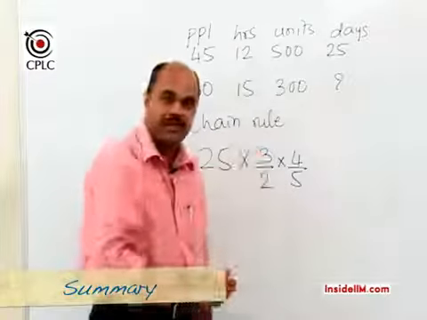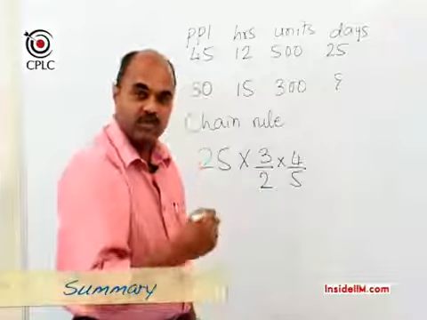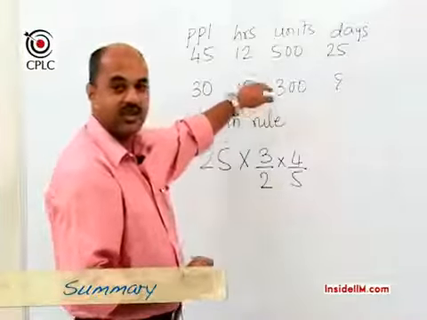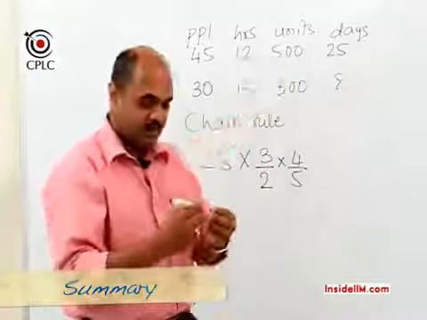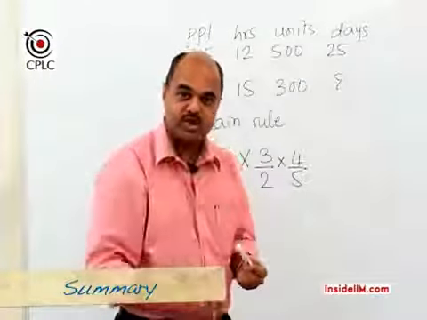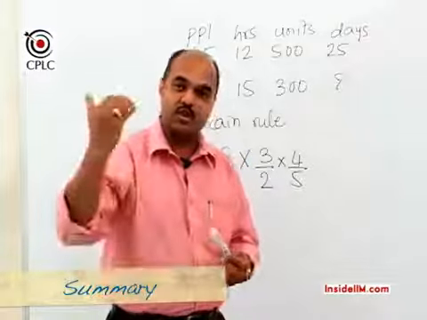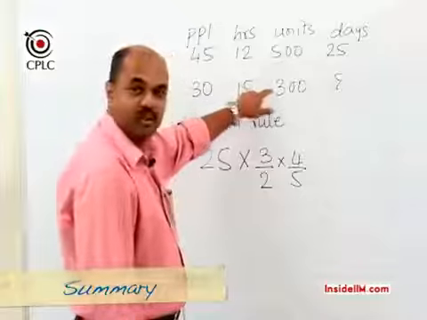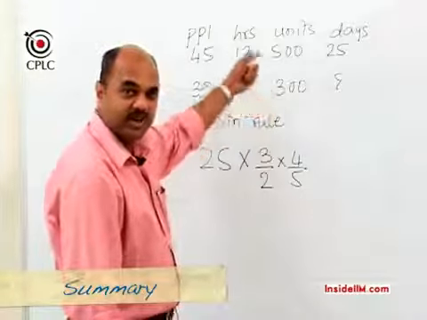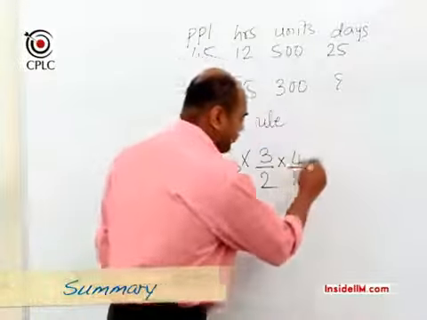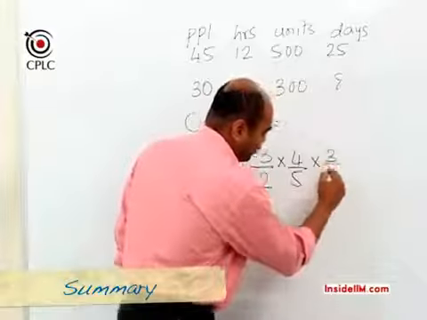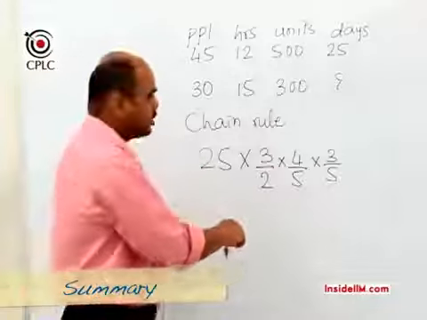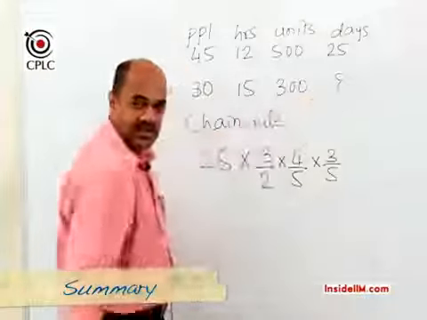Let's now take the third parameter, which is the number of units of work to be done. The number of units becomes 3/5 of earlier. Since the number of units of work to be performed goes down, the number of days required would also go down. So there is a direct variation, and since the number of units to be done becomes 3/5 of earlier, the number of days required would also become 3/5, and hence now if we solve this, we would actually find the answer to how many days are required.